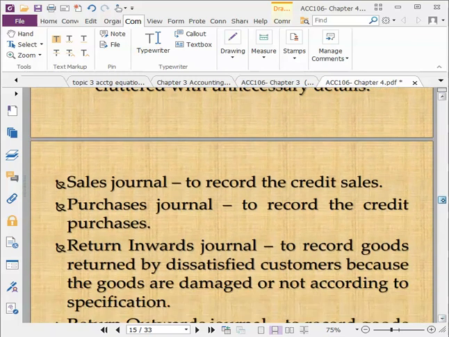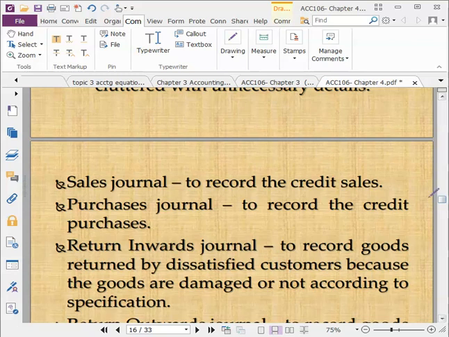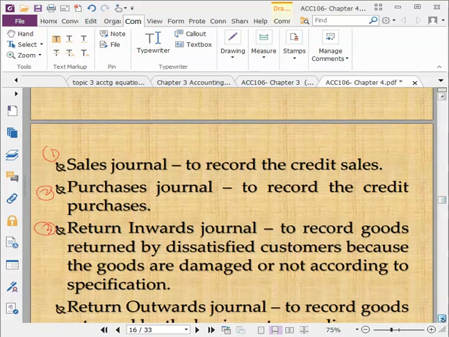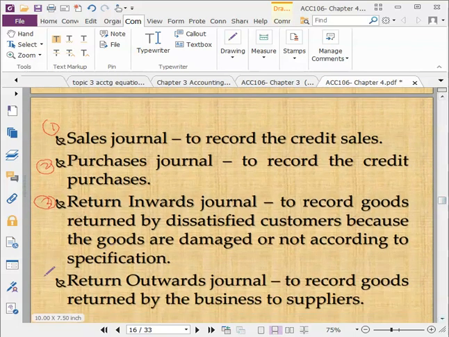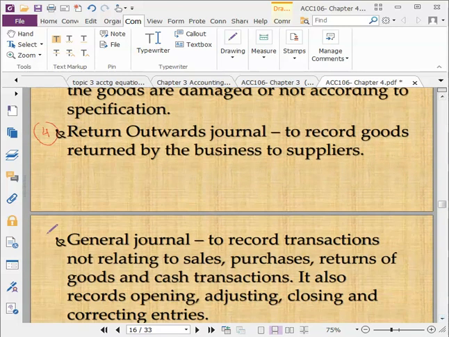Okay. Sales journal. So berapa banyak journal yang ada? Kita ada 7 jenis tadi. Sales journal, purchase journal, return inward journal. Number 4 is return outward journal. Number 5 is general journal.